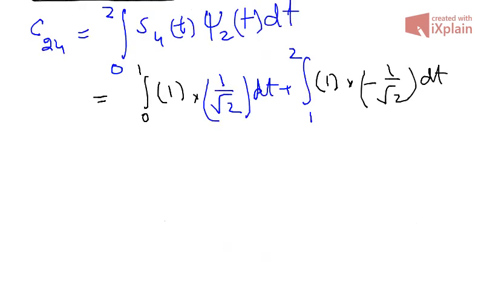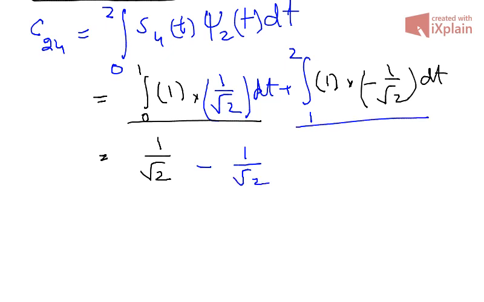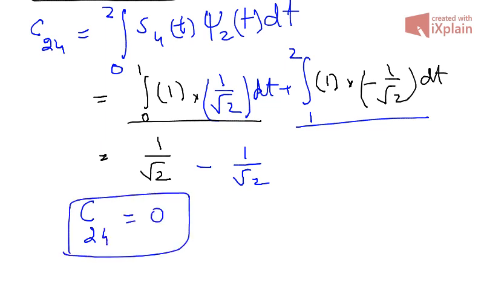Now if we solve this integral, what do you get? If you closely observe, you are getting 1 over under root 2 from the first integral, and minus 1 over under root 2 from the second integral, and so it turns out that our C24 is actually 0.